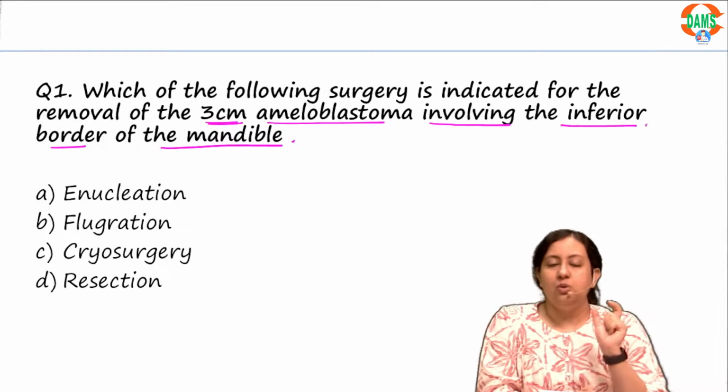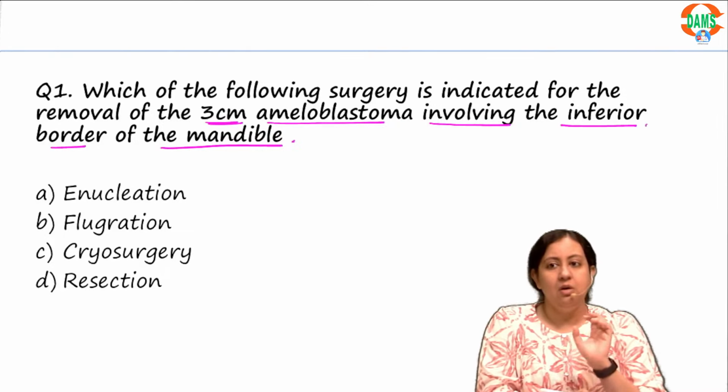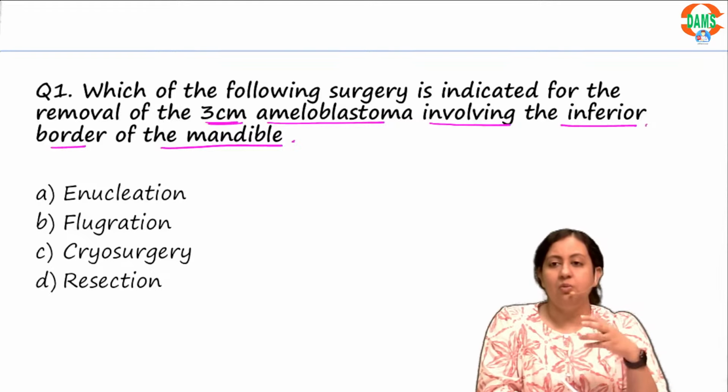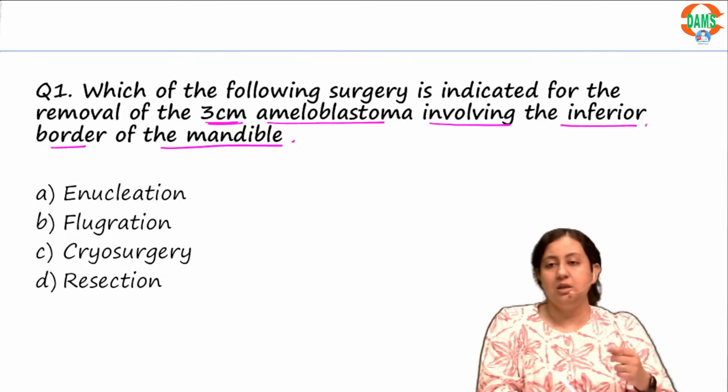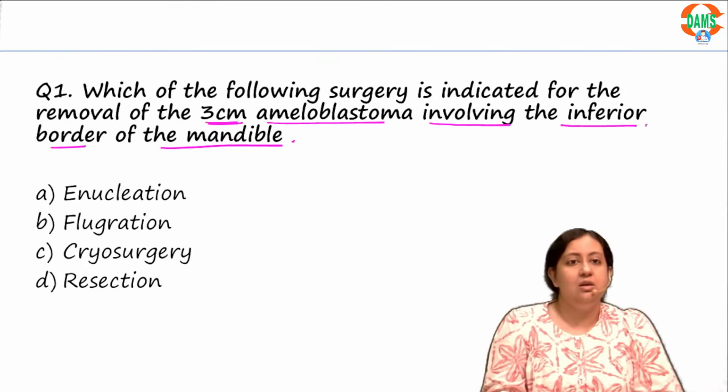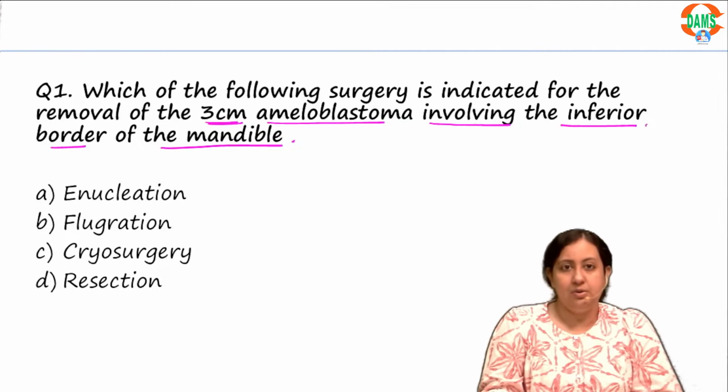It is telling you the size of the ameloblastoma. Now whenever you're deciding the treatment modality, yes, the size of the lesion matters to a certain extent, but what matters more is whether it is near the inferior border or not, whether it is involving it. Here the question clear cut mentions it is involving the inferior border of the mandible.